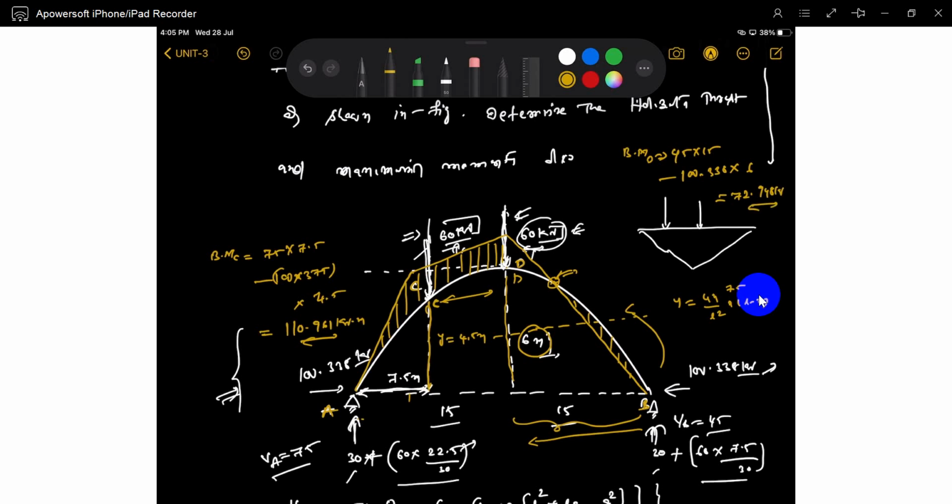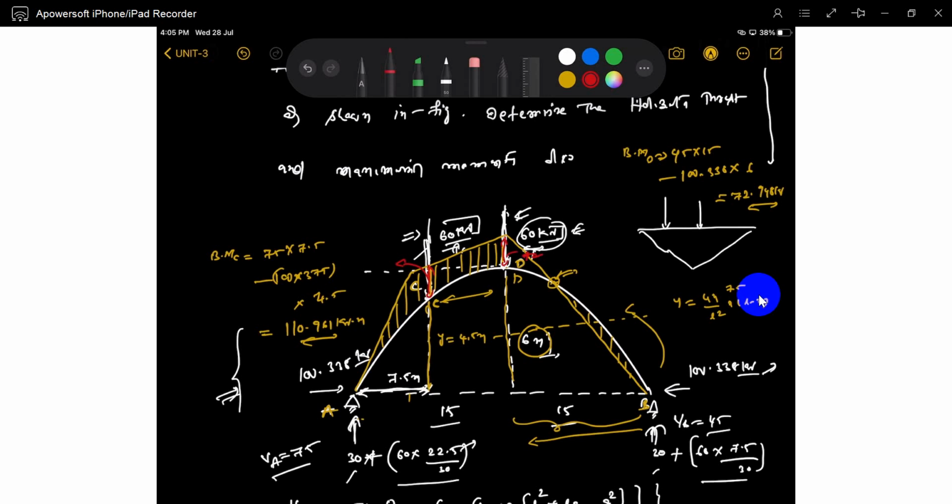Now one thing you can observe. What will you observe? One location has a bending moment of 110, and the other has a bending moment of 72. So see where the maximum positive moment is occurring, the chance is there.